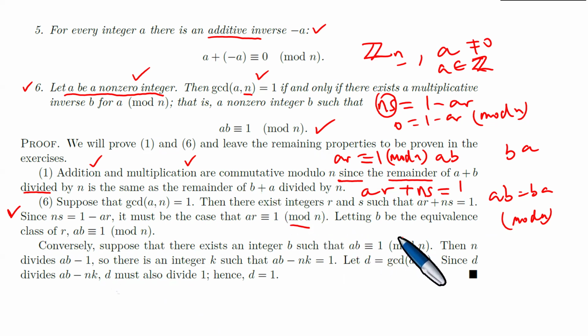If you take B to be the equivalence class of R, from this equation AR is already 1, so it will follow that AB is 1. Because B is in the equivalence class of R, B and R are equivalent modulo N, so R can be replaced by B modulo N.